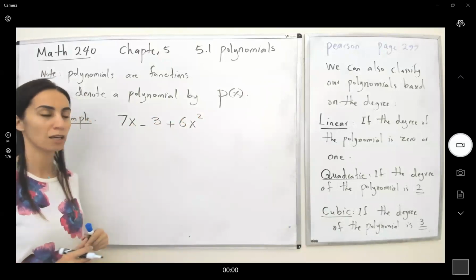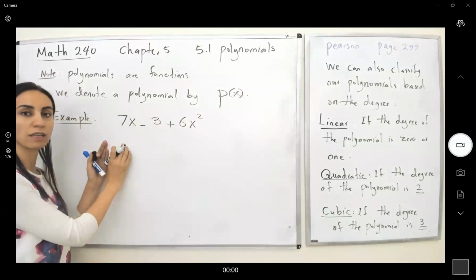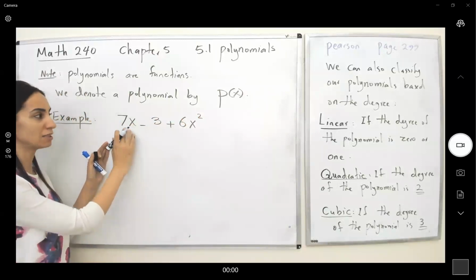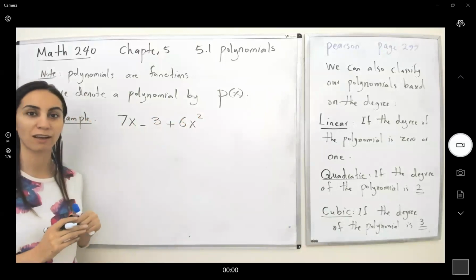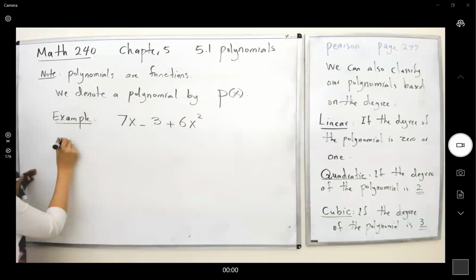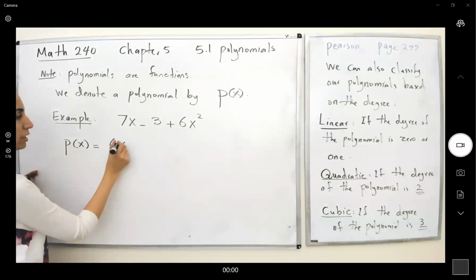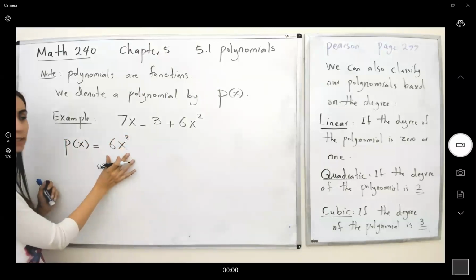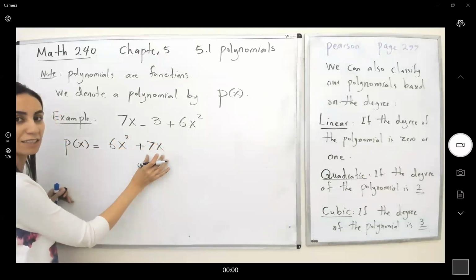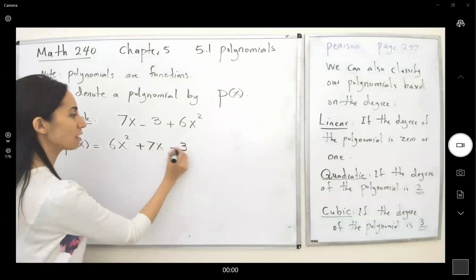It means that first we write the leading term, then the linear term, then we write the constant. In that case, you have p of x equals 6x squared, the term with highest exponent, plus 7x, the linear term, minus 3.